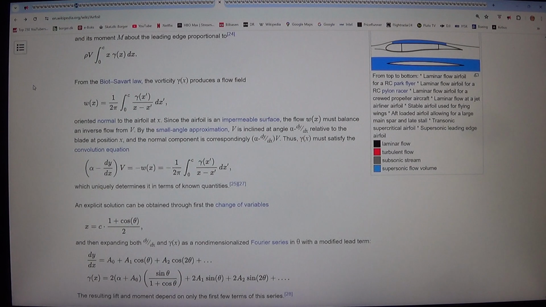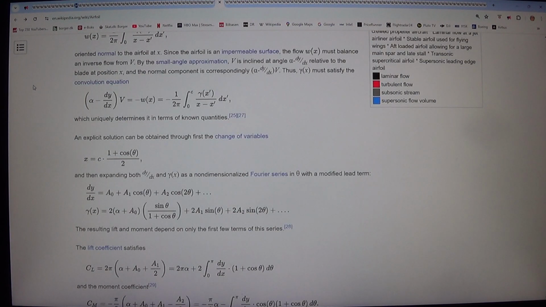If the main flow V has density rho, then the Kutta-Joukowski theorem gives that the total lift force F is proportional to rho V times the integral from 0 to c of gamma(x) dx, and its moment m about the leading edge proportional to rho V times the integral from 0 to c of x gamma(x) dx.